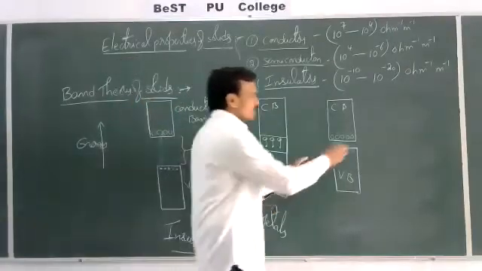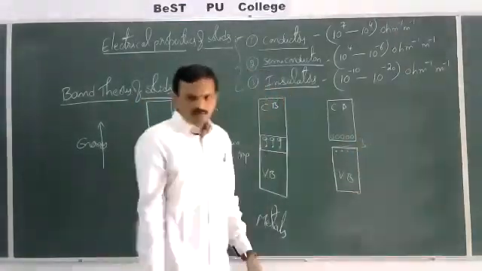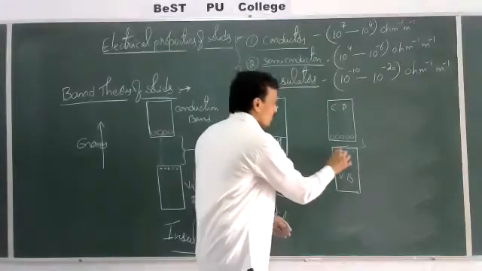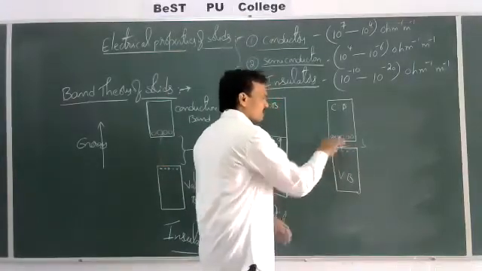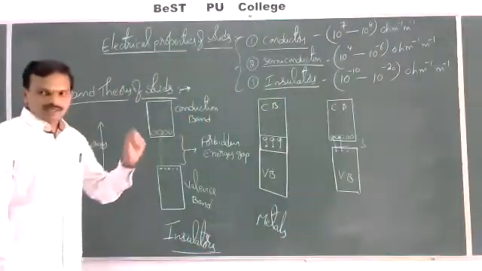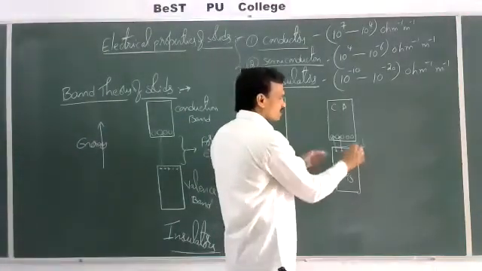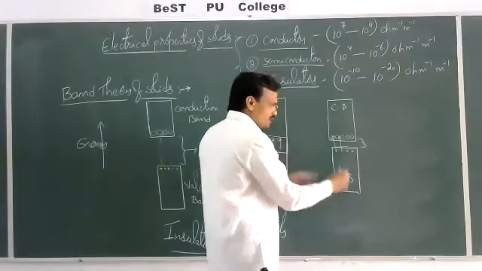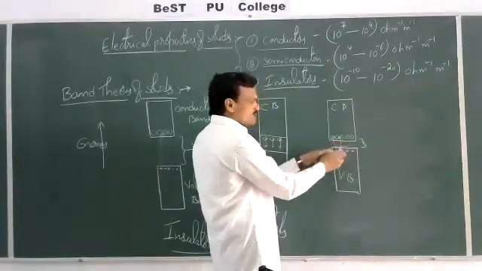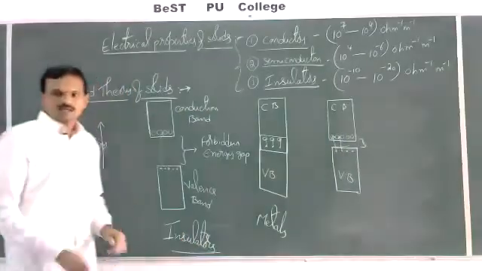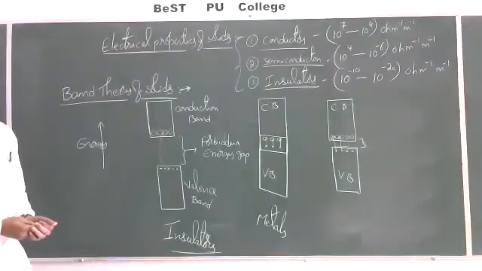Since here the energy gap is less, the electrons can move from the valence band to the conduction band. Not all, only some electrons can move, the electrons which have energy of this forbidden energy gap can jump from the valence band to the conduction band. As a result, they can conduct electricity.